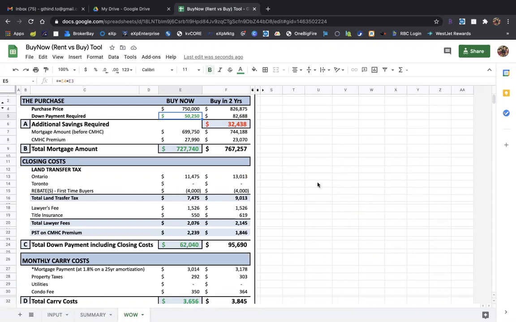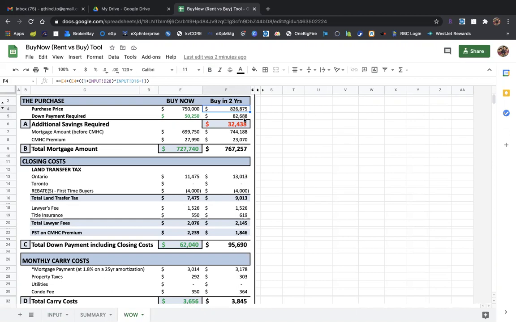You've already told me you've got 50,000, so you have enough to get into this unit. So right there, she's like, "Oh my God, I can actually buy something for 750." She didn't even know. If you wait 2 years at a 5% growth rate, this same townhouse is going to be worth $827,000. Why do you want to pay $75,000 more for the same place 2 years from now?